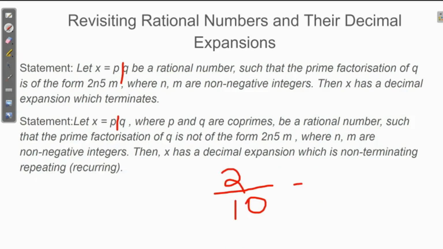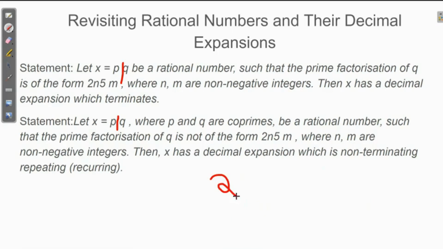It is 0.2. Now, if I have to represent 10 in the form of 2 to the power of n and 5 to the power of m, how can I write 10? I can write it as 2 into 5. That is 2 to the power of 1 into 5 to the power of 1. Can I write it like that? So any number which can be expressed in this form always has a terminating decimal expansion.